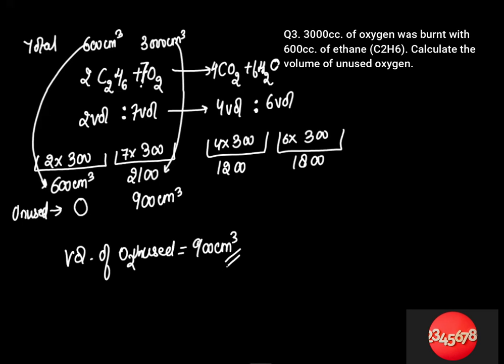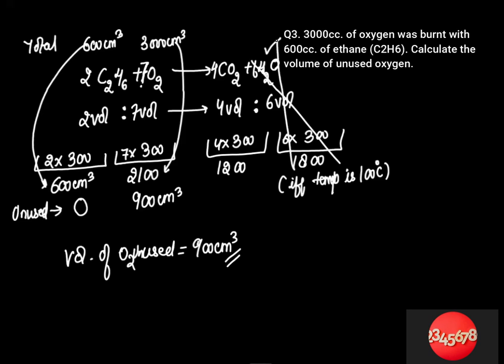Now please listen to this carefully. This is very important. We will consider water as a gas only if the temperature is what? 100 degrees Celsius or maybe beyond that. Generally they'll write temperature is 500 degrees. Then only we'll take water as a gas. Otherwise, this is not considered.